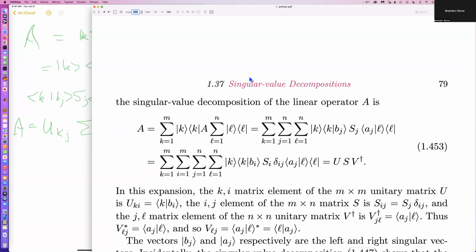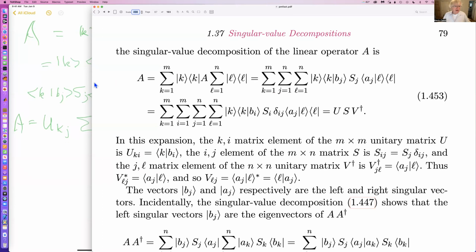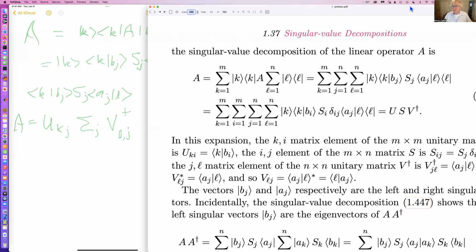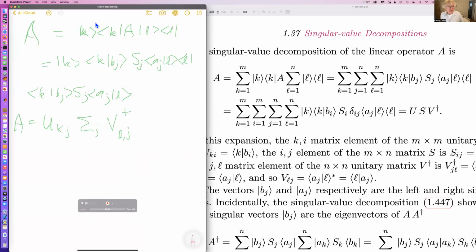Let's see. Okay, so let's just remember that the singular value decomposition is, let me switch over here to the iPad.